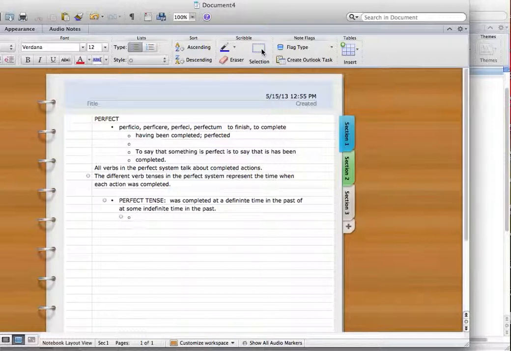For example, yesterday I rode my bicycle 12 miles. This action, I rode my bicycle 12 miles, was completed at a definite time in the past.